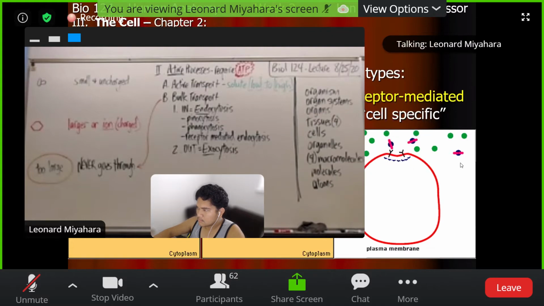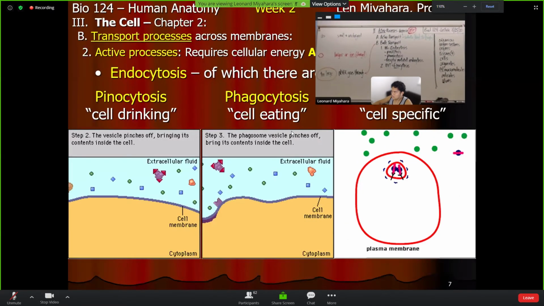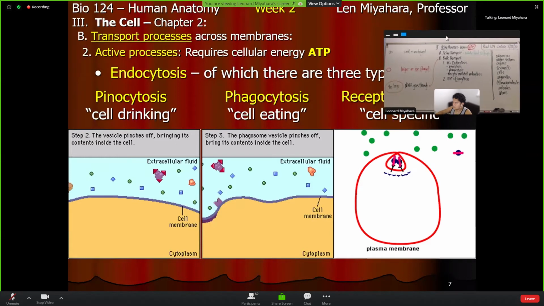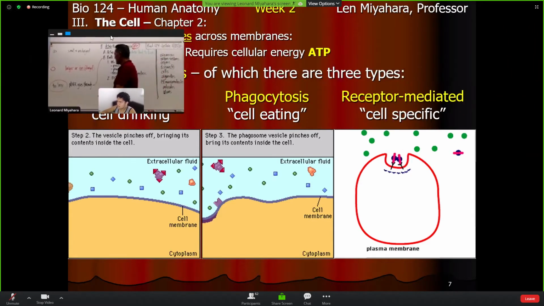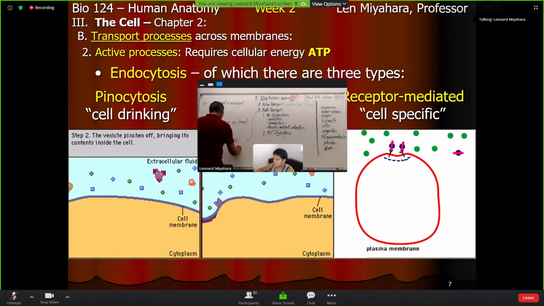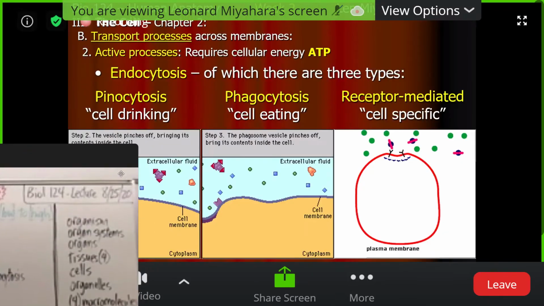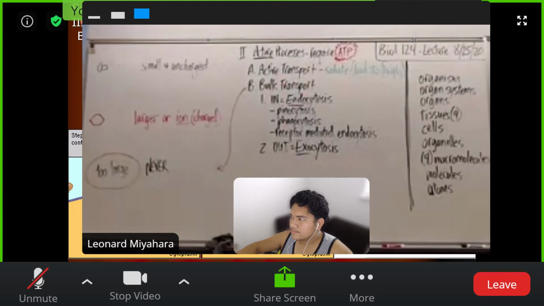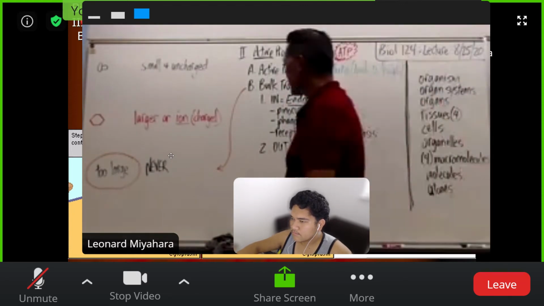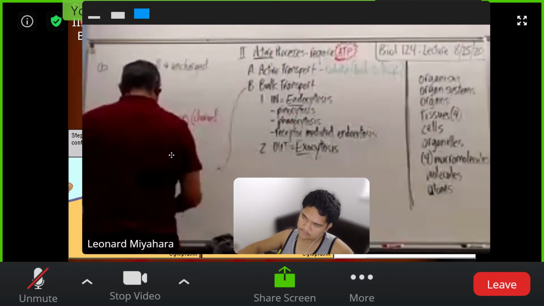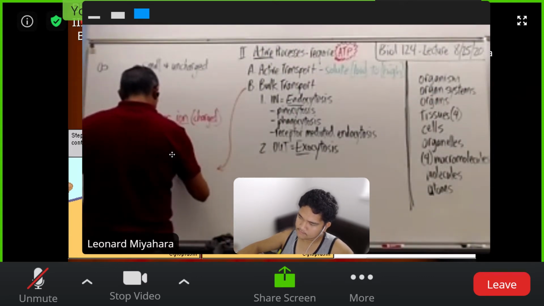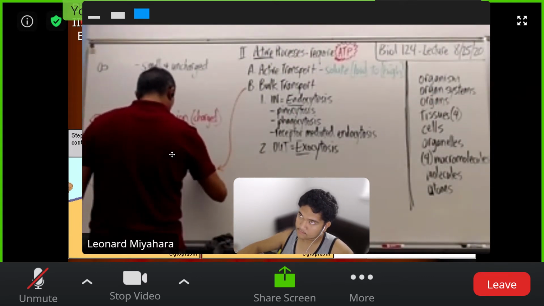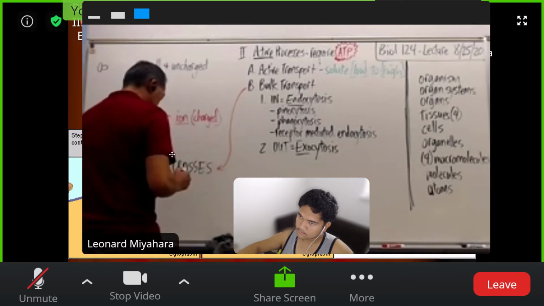Never crosses. That's what I'm going to change that to. It never goes through the plasma membrane, but it could go in or out. But that flying saucer never crosses, and it still comes into the cell. It never crosses the plasma membrane. It never crosses that red line.